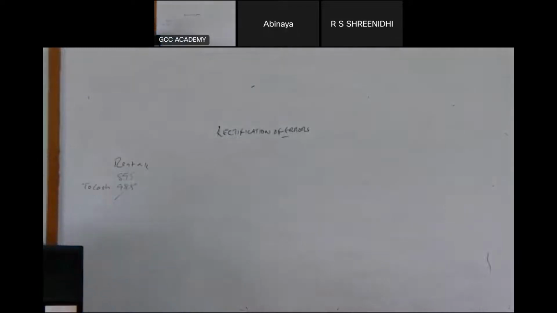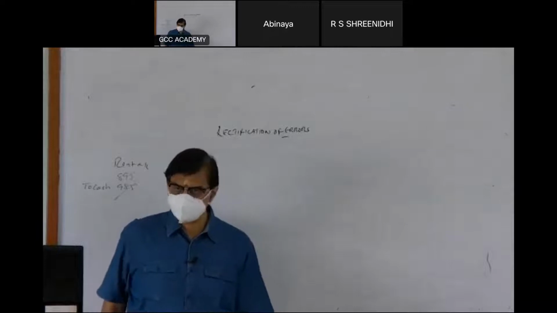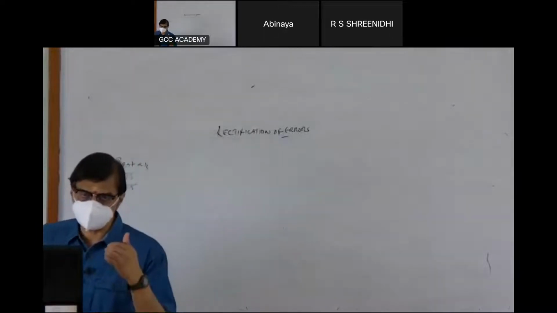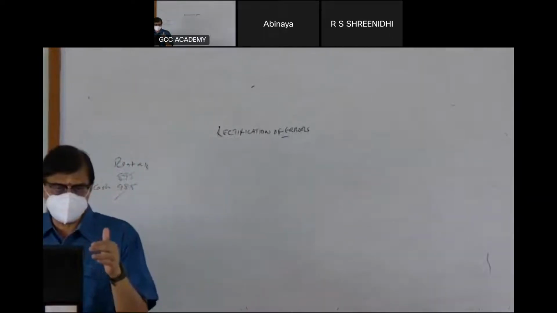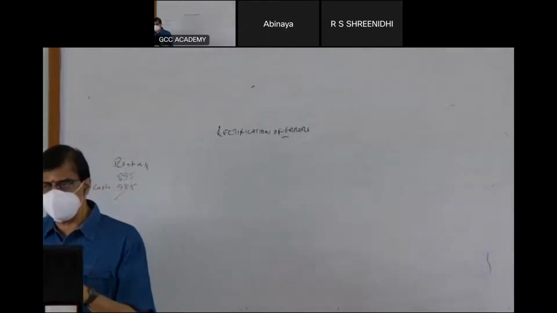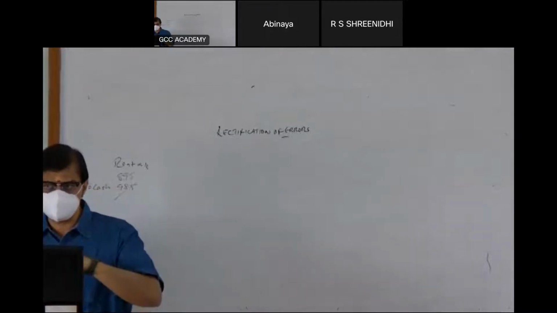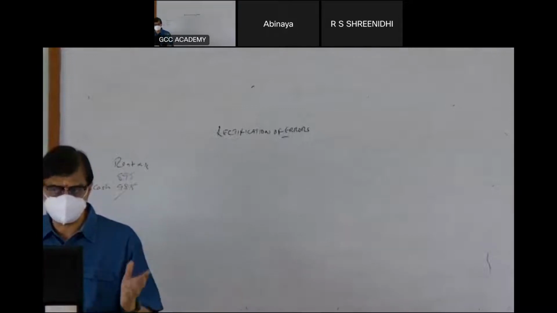If you balance it wrongly, it is again a totaling error. For example, an account's debit balance of 985 is taken as 895, or a debit or credit balance is carried forward wrongly. These are all the errors which can affect the trial balance.